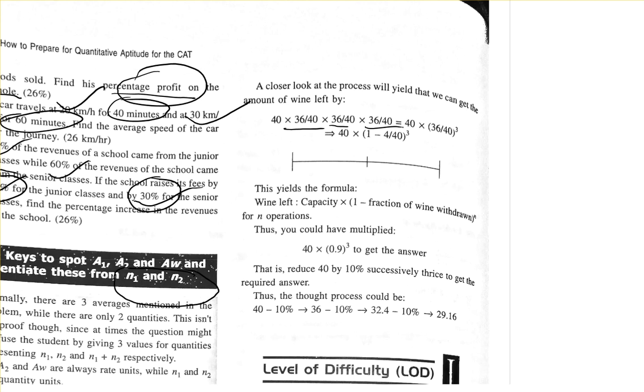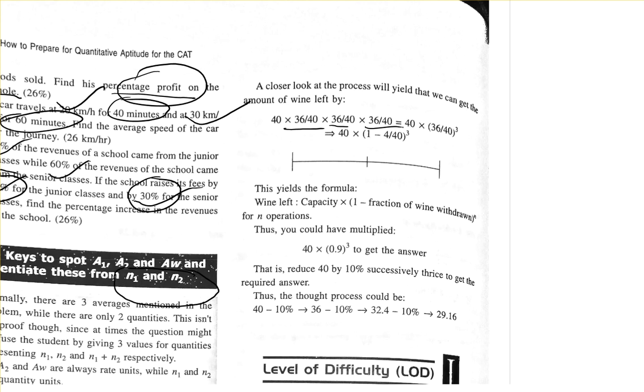Say milk is there and milk is withdrawn and water is added, or any two kinds of liquid. The pure liquid was there and you started adding another liquid, so it became a mixture. This formula works for the remaining pure liquid when you are withdrawing equal quantities every time and replacing them with the new liquid.